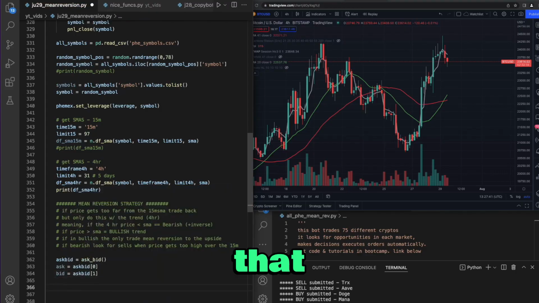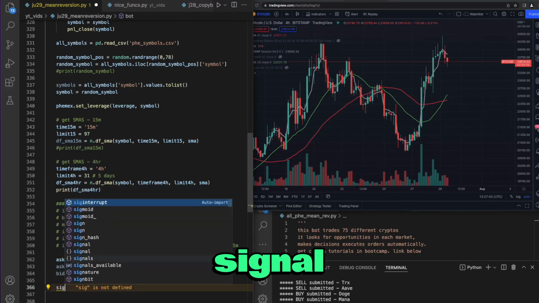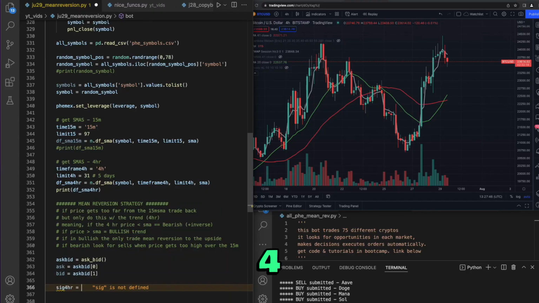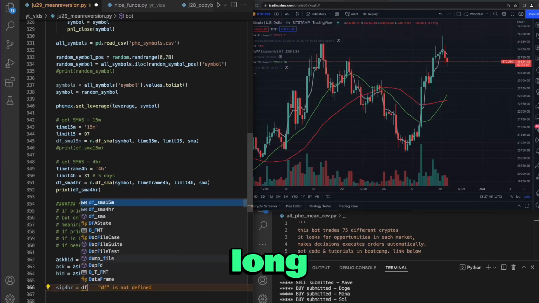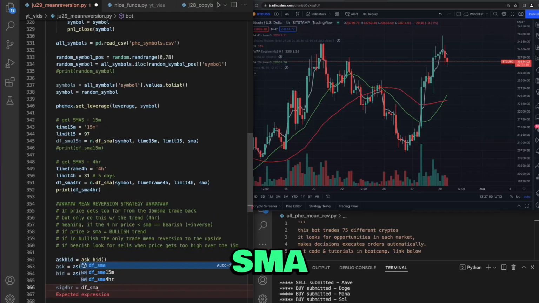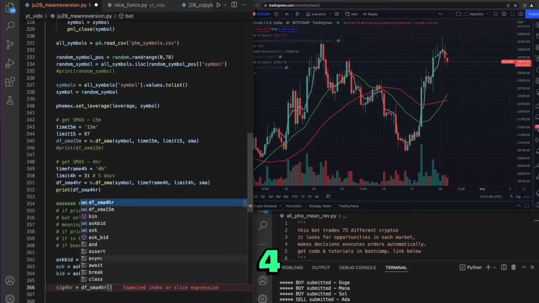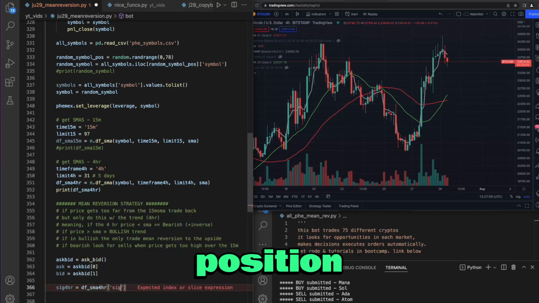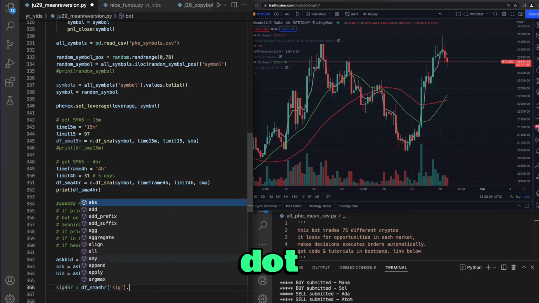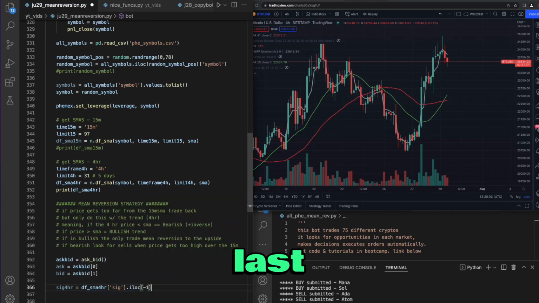Just like that. And then we want to get the signal of the 4-hour, because this is going to determine the long-term trend. SMA 4-hour equals, excuse me, it's SMA 4-hour at the sig position .iloc, and we want the last one, so it's -1.